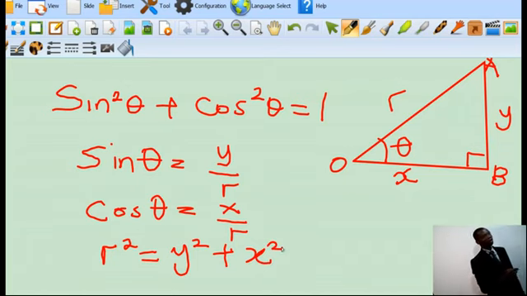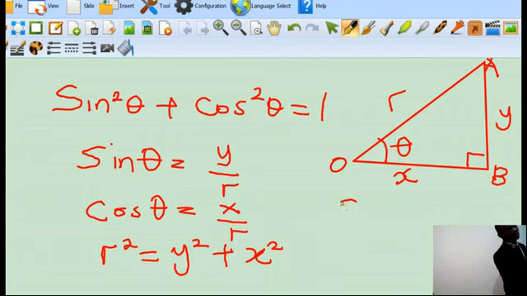Now we can also derive an expression for sin squared theta by multiplying sin theta by sin theta, which is equal to y squared over r squared.